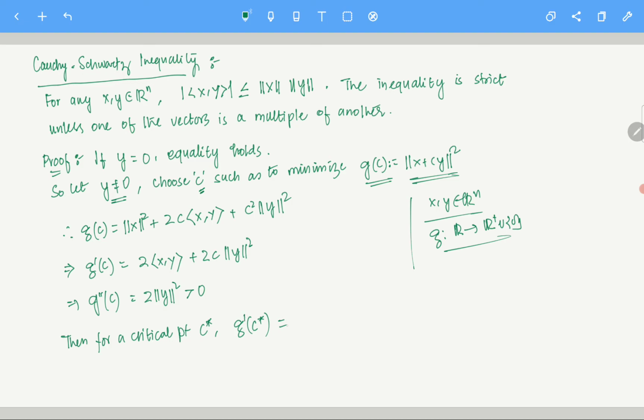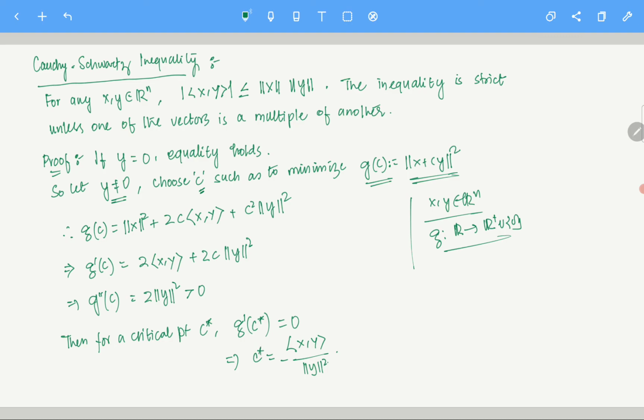That will imply that c is going to be the inner product of x, y by norm y square. That is your c. At a critical point c star, g prime of c star is going to be 0, because that's the definition of critical point, and c star is given by this.